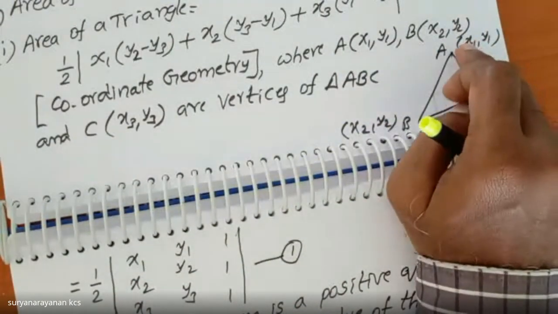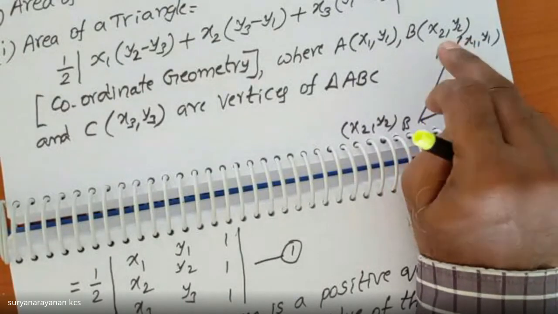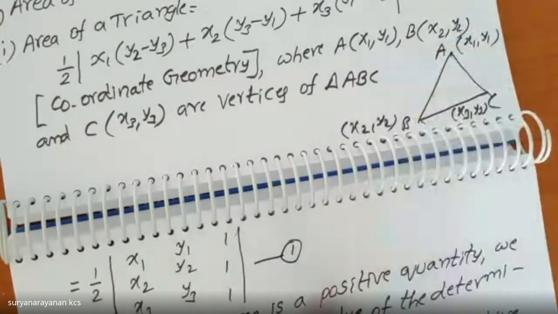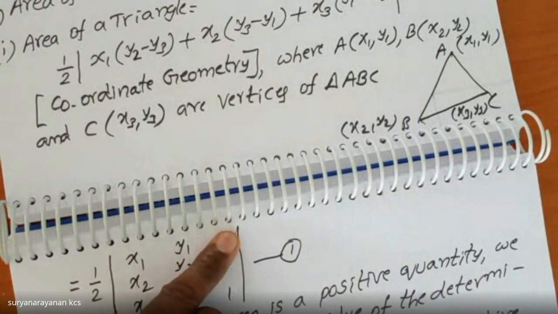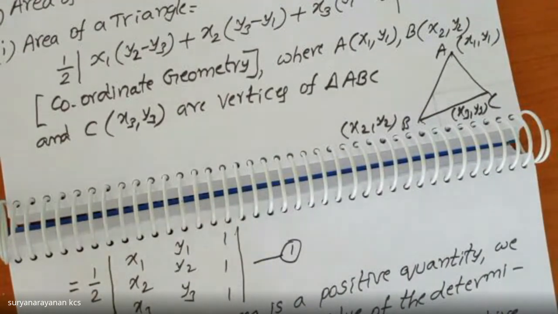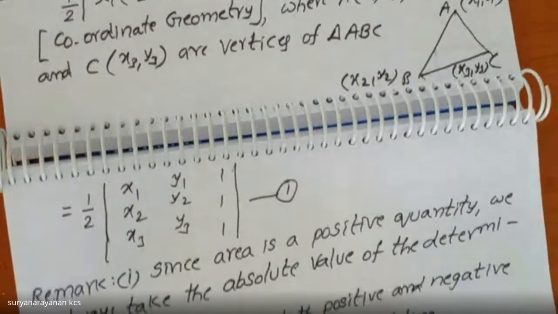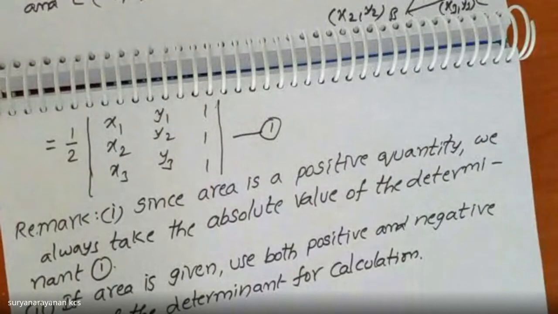Then we have to find the third vertex. After finding the determinant, we have to take its positive value as well as its negative value. We have to take 2 values. This is another point.